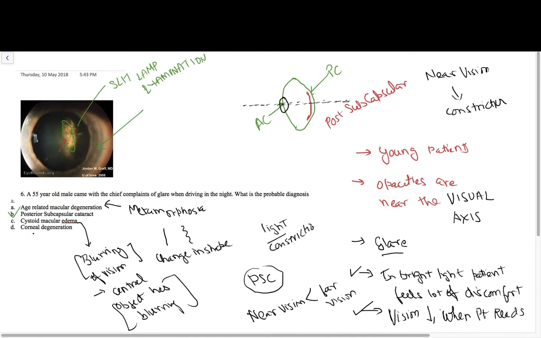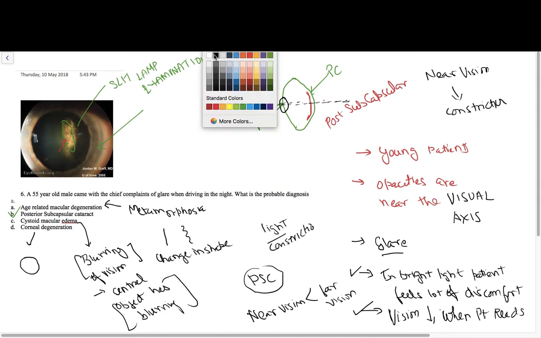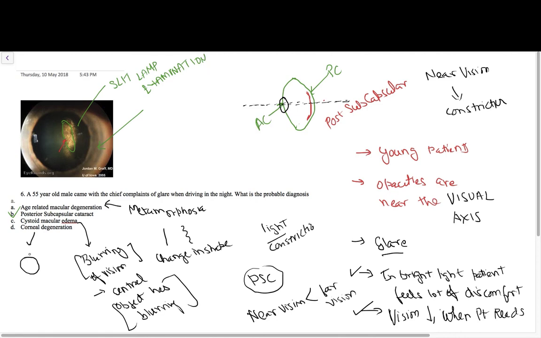Now our next option was corneal degeneration. Now what are corneal degenerations? The basic important corneal degeneration that you should remember is arcus senilis. Okay, so let's say this is the cornea, you would get an arcus beneath it. So normally the corneal degenerations, they don't involve visual axis.